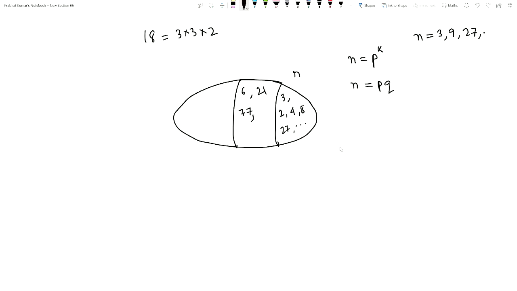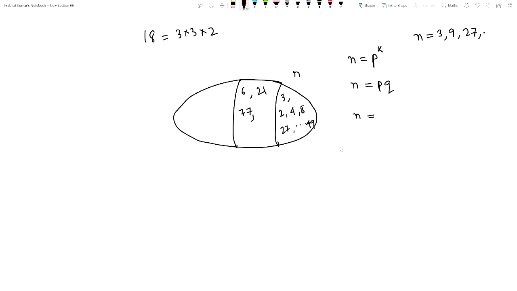But 7 into 7 is not here, it is in the other set, because 7 into 7 is 7 square, which is of the form p to the power k, right? So this is another subset of n, of the form pq. So what other forms can n take? n can also be of this form, right?